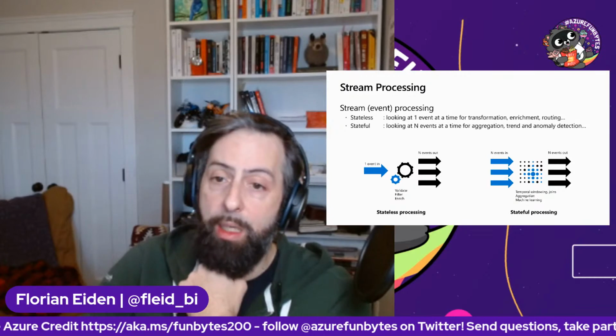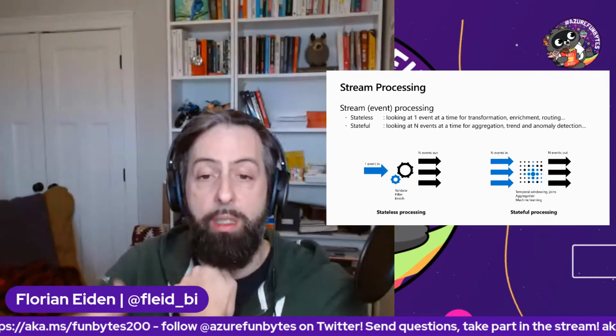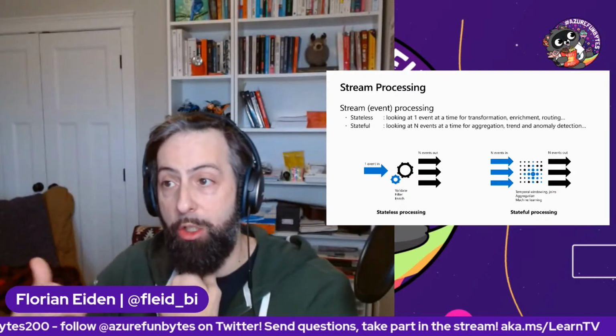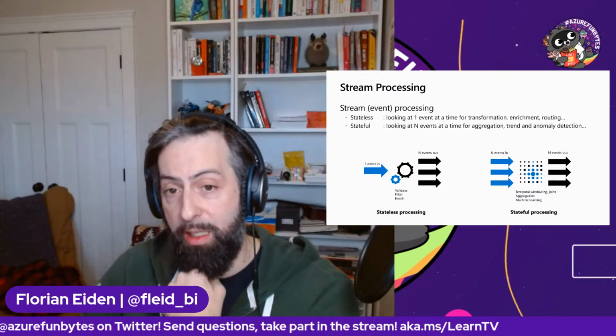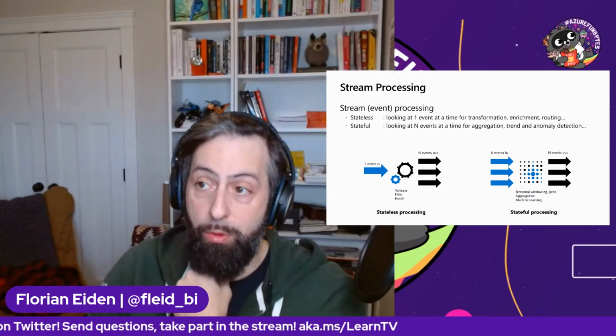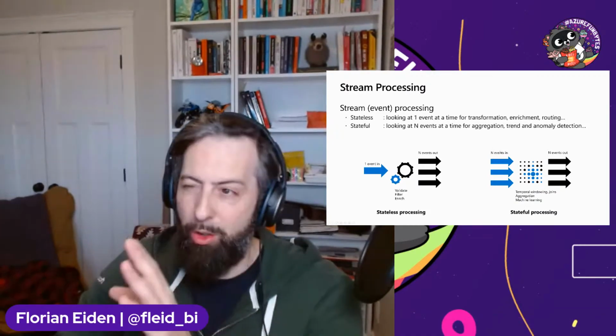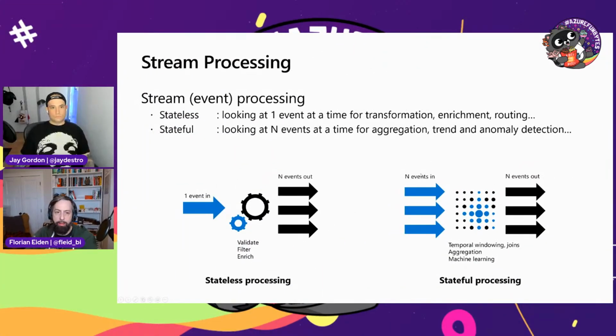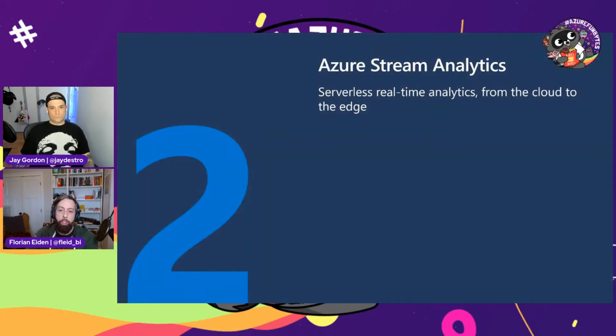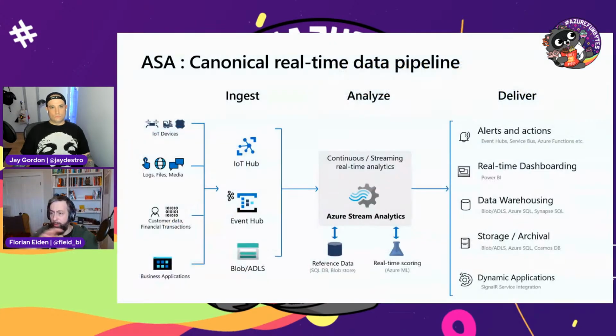So you need to maintain all the entry events in memory so you can join them with the exit events and calculate the fare. That's stateful computing, and that's a little bit more complicated. I wanted to give you that mental model also, because it's going to help us clarify which products to use when. So now that we have the theoretical aspect, let's dive into Stream Analytics.